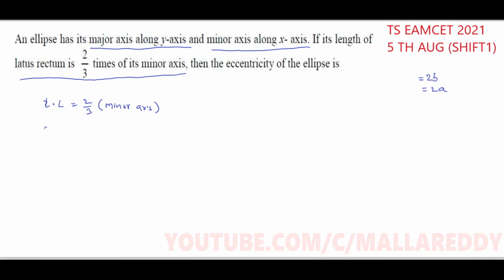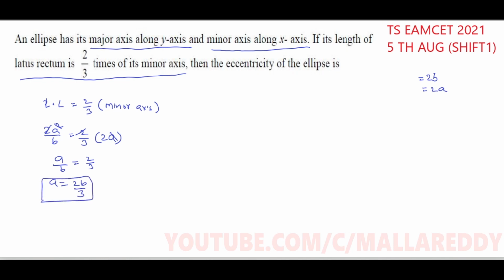This is the formula: 2a square by b is equal to 2 by 3 times minor axis. Here minor axis is 2a. Here 2 cancelled, a cancelled, that is a by b is equal to 2 by 3. From this, a is equal to 2b by 3. This is the a value.